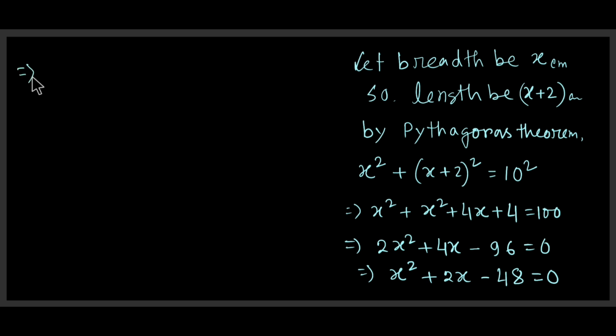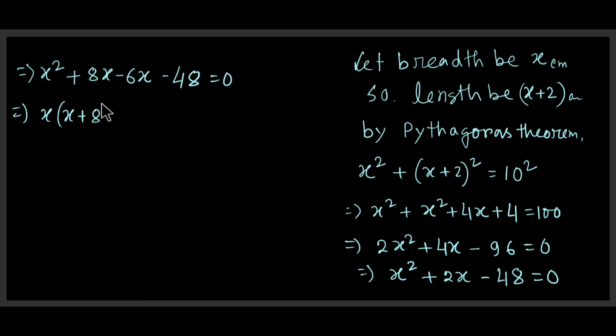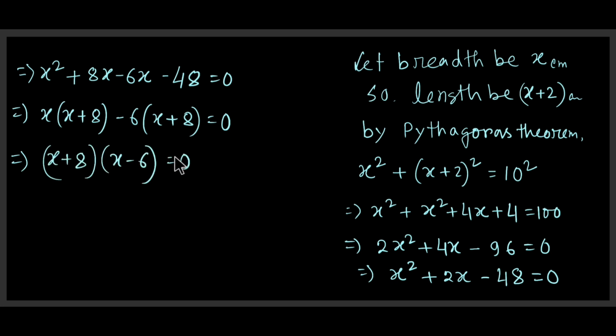So by middle term factorization we get x square plus 8x minus 6x minus 48 equal to 0. So clearly x into (x plus 8) minus 6 into (x plus 8) equal to 0, and it is (x plus 8) into (x minus 6) equal to 0.